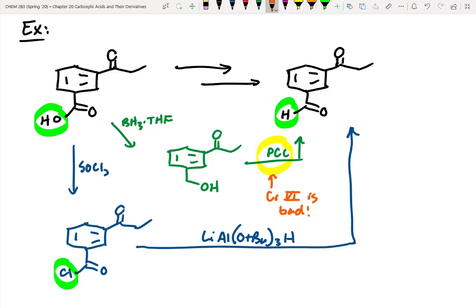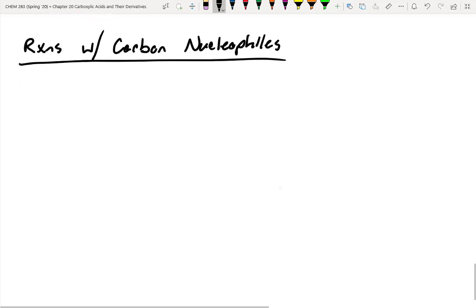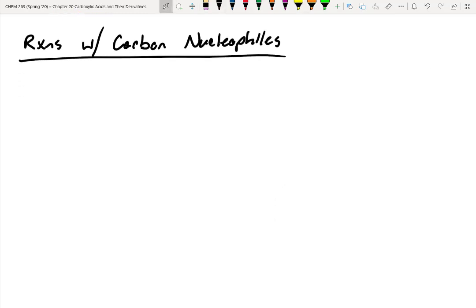All right, the next one I wanted to look at is how these react with carbon nucleophiles. And with carbon nucleophiles, there's actually two main ones. The one we're really familiar with is a Grignard reagent.